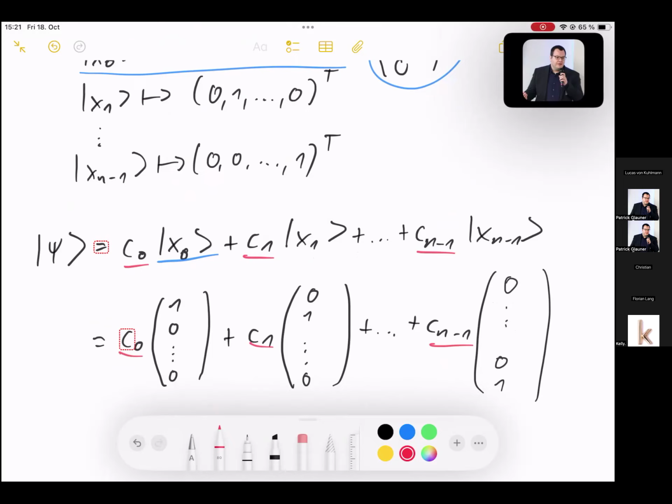corresponding basic state. And our psi ket is a superposition. Superpositions we've seen before, and we've introduced this term. So psi ket is a superposition of the basic states.